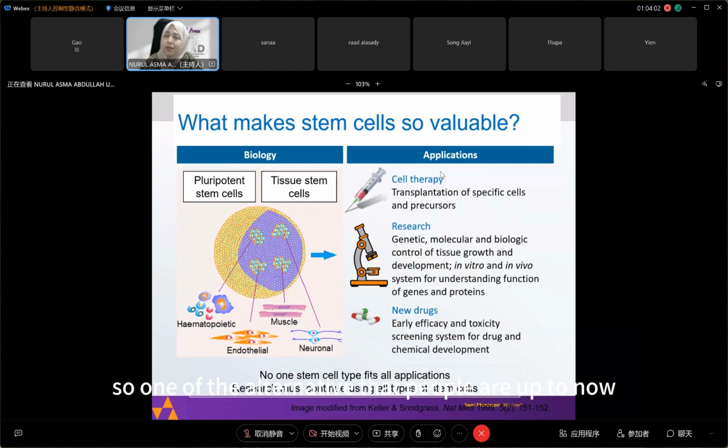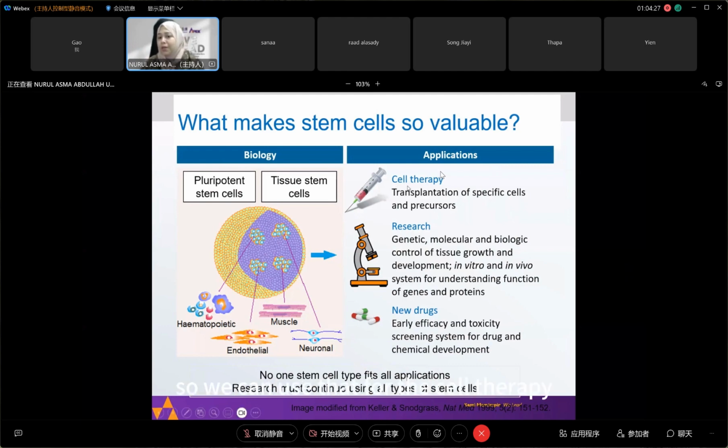So one of the alternatives that people opt for now is stem cell therapy, whereby you inject your knee with stem cells to help regenerate new cartilage in the environment. So that's one of the scenarios where we can use stem cells.